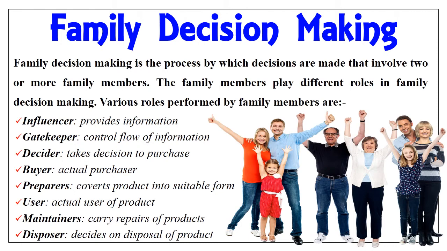Next are the preparers. These are the family members who actually convert the product into a suitable form for consumption by the family. We can take the example of preparing food in this case. The next role is of the user. The user is the person who actually uses a product or a service.